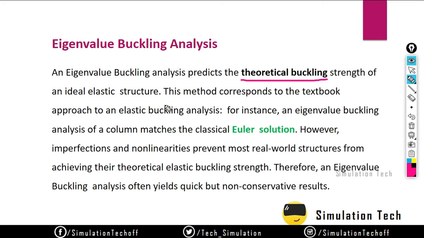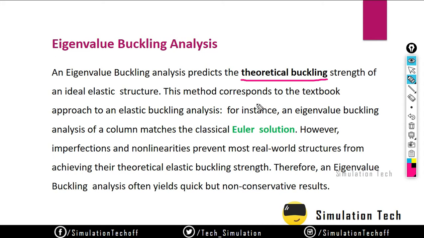This method corresponds to the textbook approach, that is elastic buckling analysis. An eigenvalue buckling analysis of a column matches a classical Euler solution, and you know that there are a lot of Euler solutions. One of the Euler solutions is elastic buckling analysis.